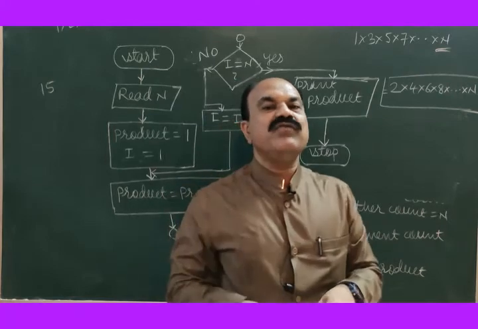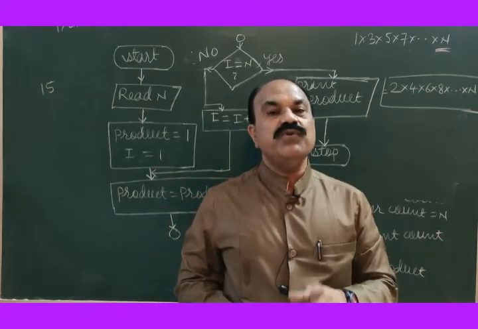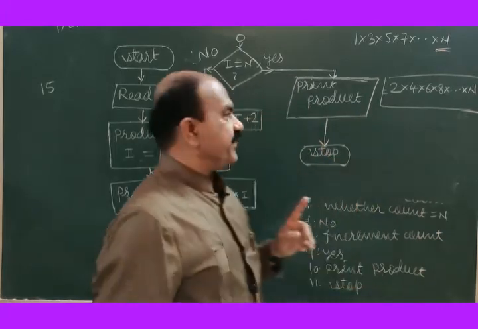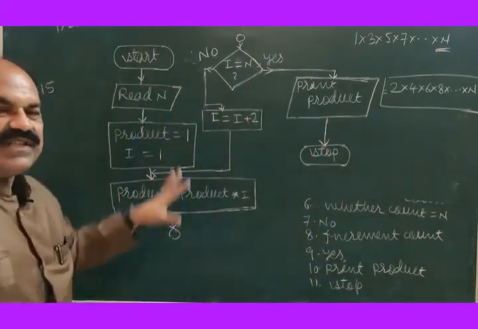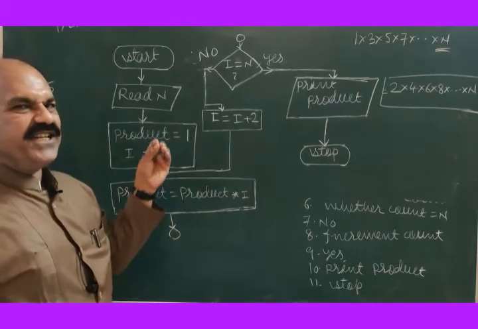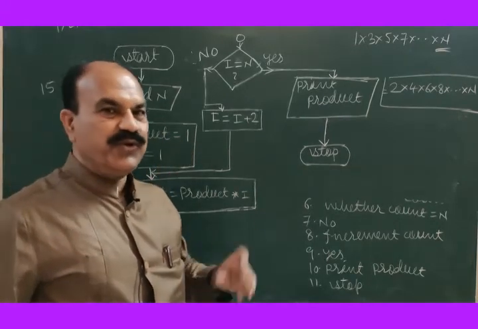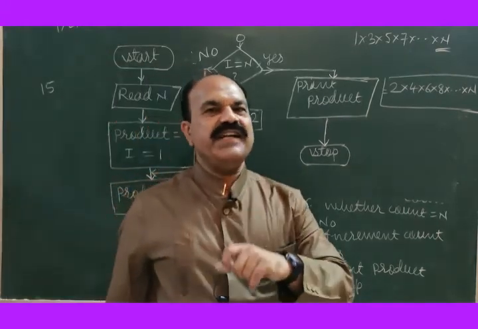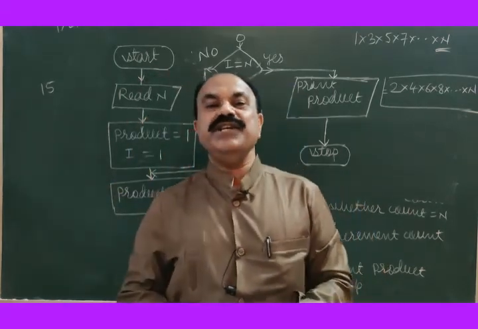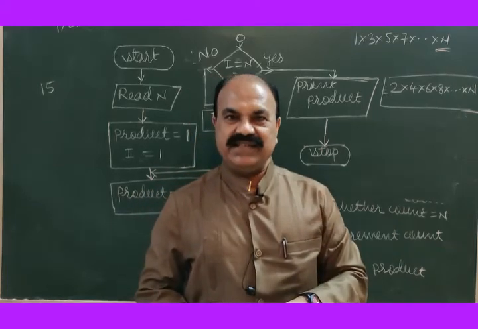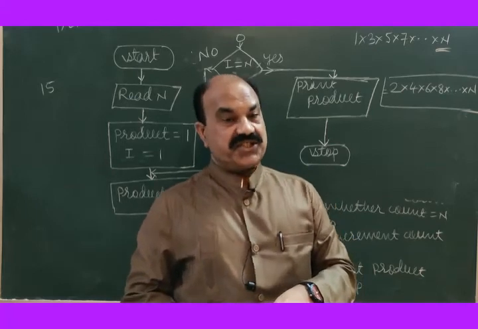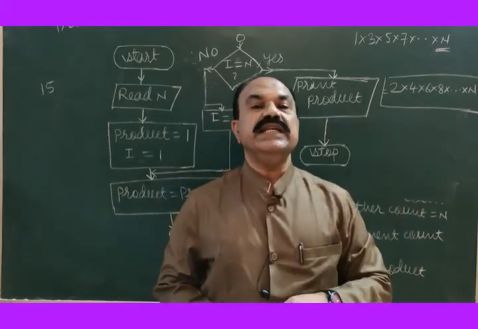And what is assignment for you? You have to write flowchart for this series. You can use most of this part of the flowchart. You have to make a change somewhere. You have to recognize where you needed to make the change, so that this flowchart is used to make the product of only even integers from 2 to n.